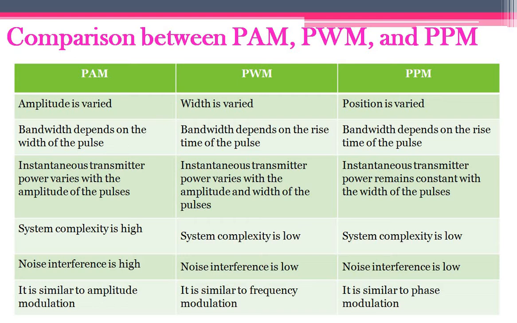That PWM modulator is given to a monostable multivibrator, because the trailing edge of the pulse width modulation is the starting point or the initial point for pulse position modulation, and depending on that only the position will be changed, isn't it?